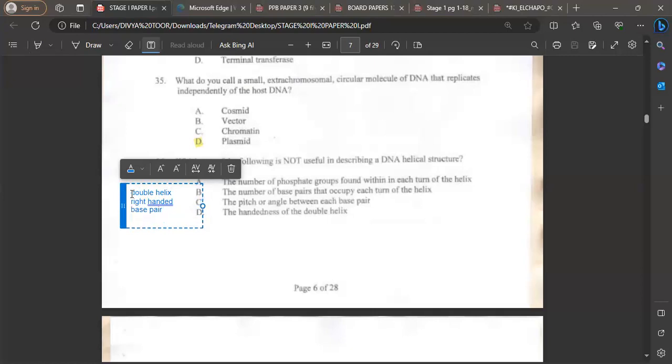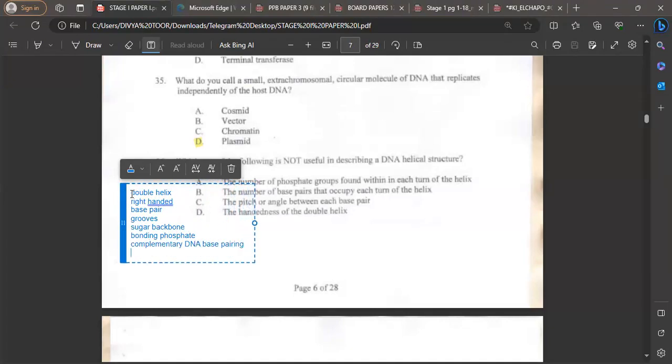We have the sugar phosphate backbone. We have strong covalent bonding because of the phosphodiester bonds. We have inbuilt directionality. We have complementary pairing of DNA bases, the AT and the GC. And we have the holding together of the base pairs by hydrogen bonds, and a hydrophobic interior and hydrophilic exterior.